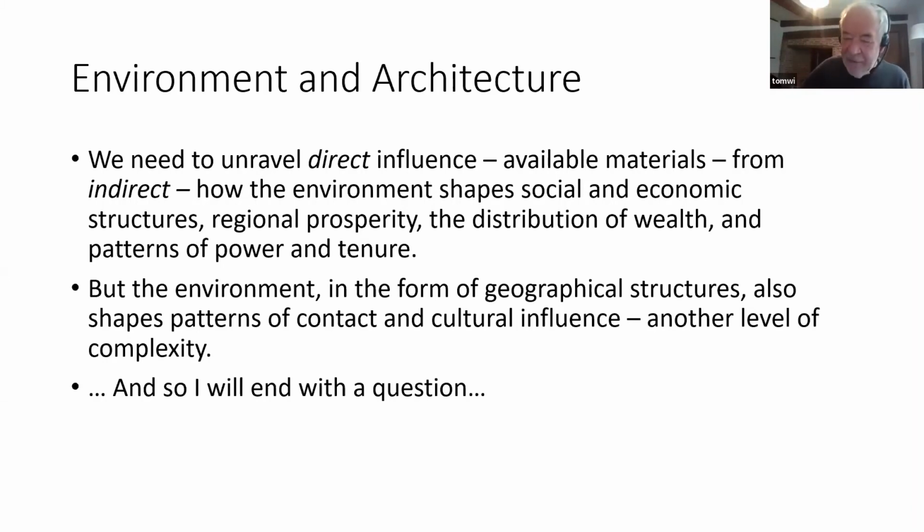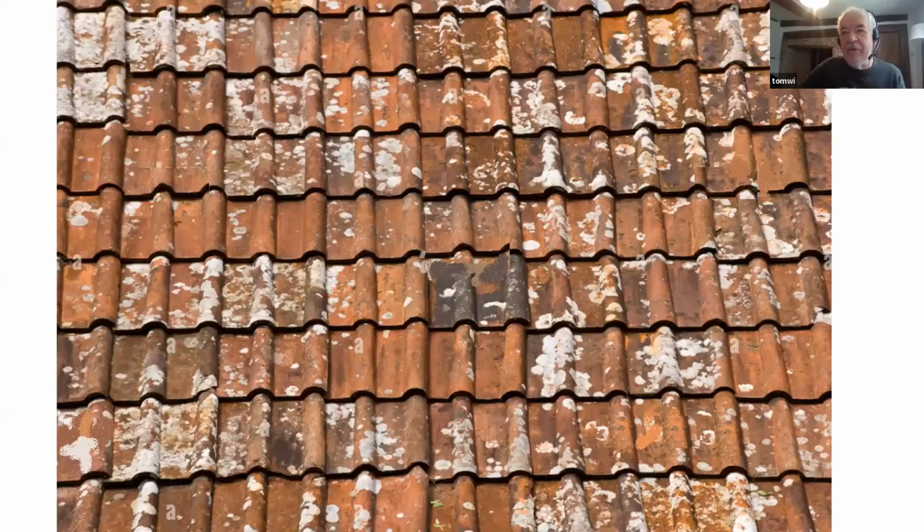And I'll just end the last minute by raising a question, which may already have been answered. It may reflect my ignorance, but it's about pantiles. We think of them as a vernacular roofing material, although they were introduced from the Low Countries in the late 17th century and perhaps only manufactured in Norfolk from around 1700.